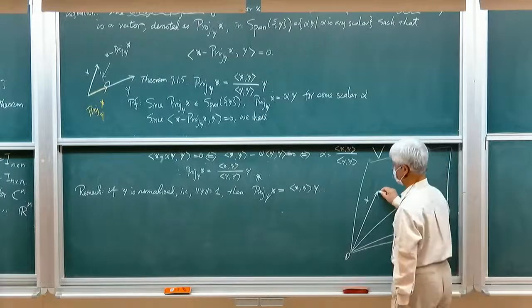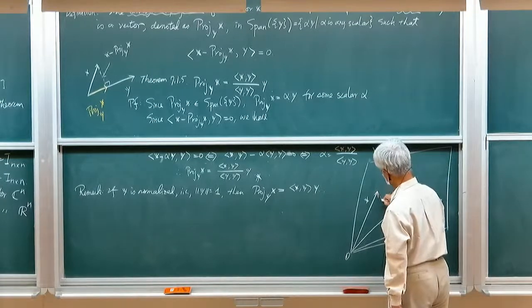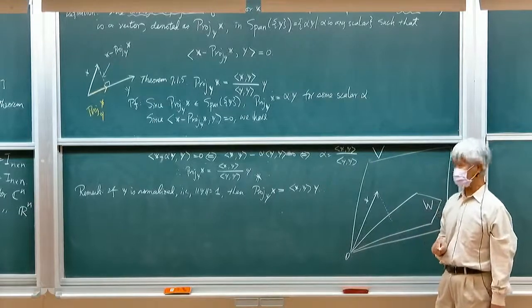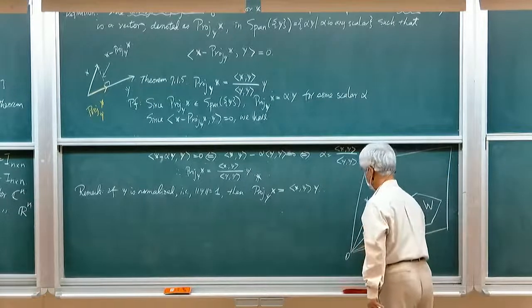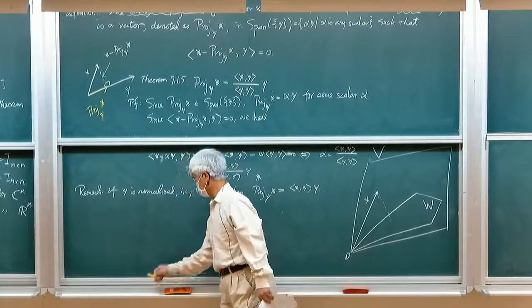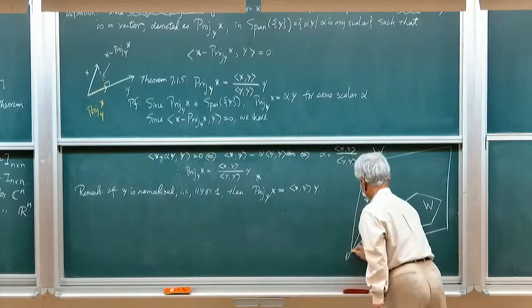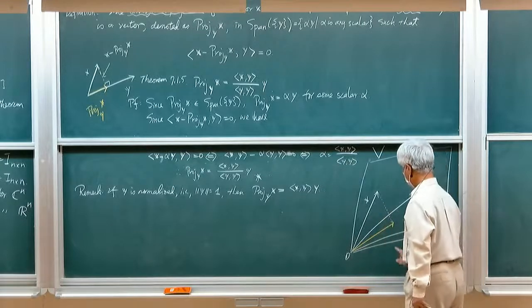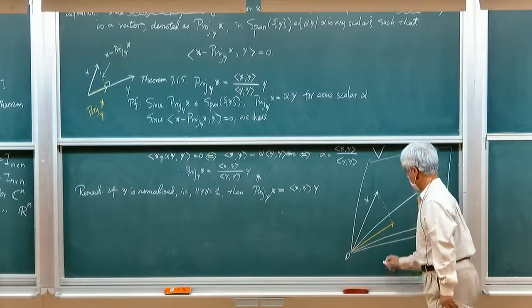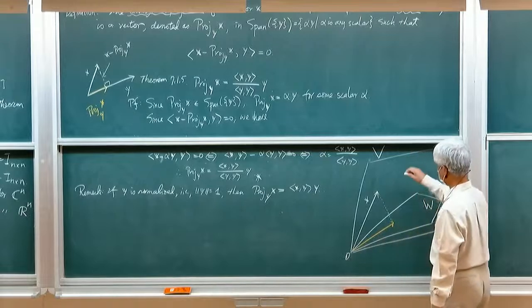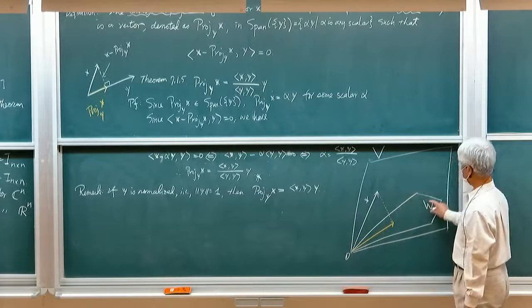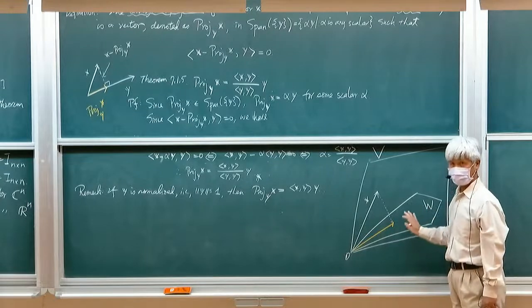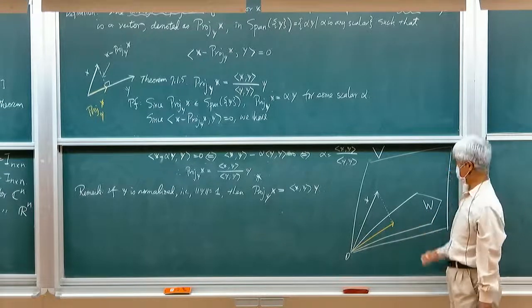So it's reasonable that the orthogonal projection of x onto the subspace W should be in this subspace, right?